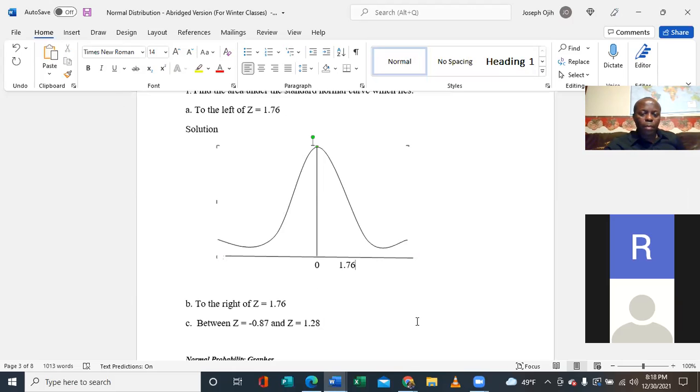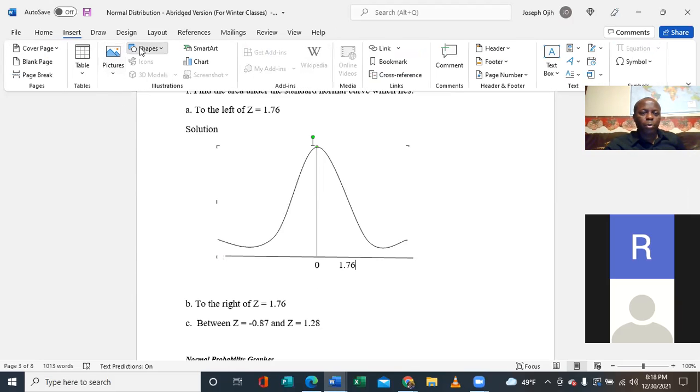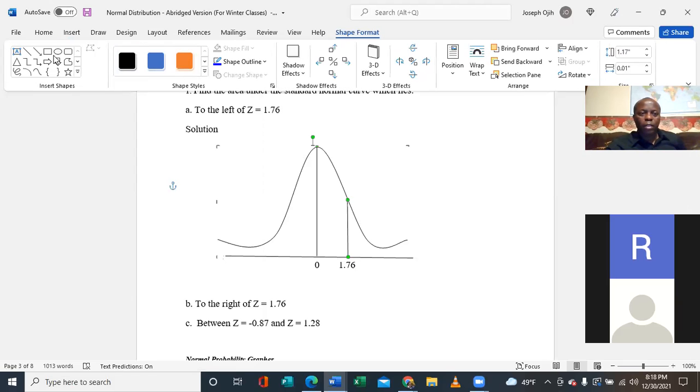Now, 1.76: this is the portion that represents 1.7, and this is the portion that represents 1.76. Once you get the chart right, you will be able to answer the questions.